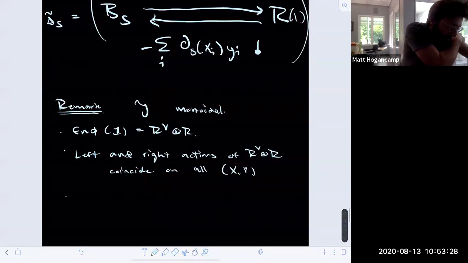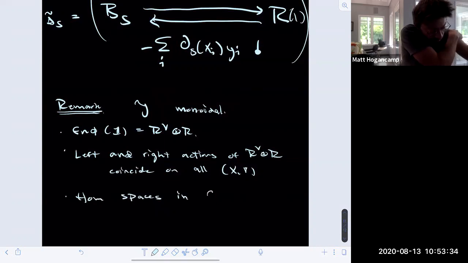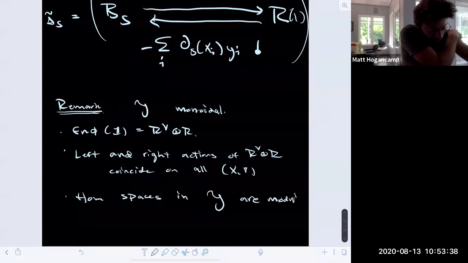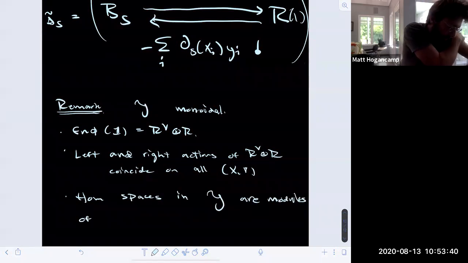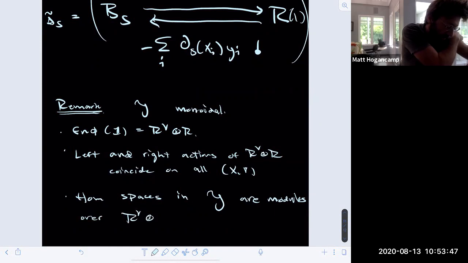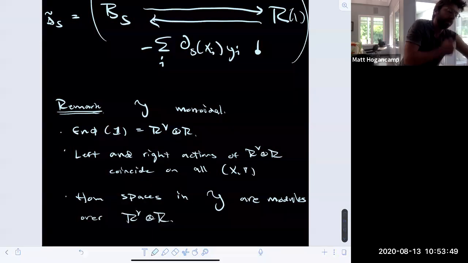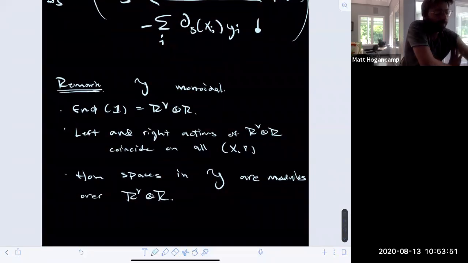So in other words, Hom spaces in Y are modules over R check tensor R.